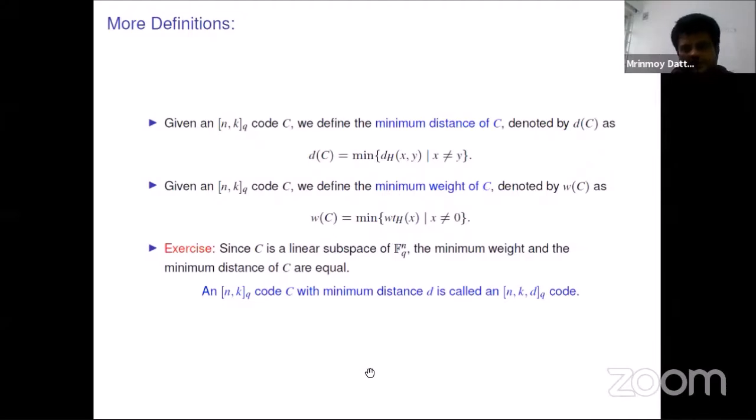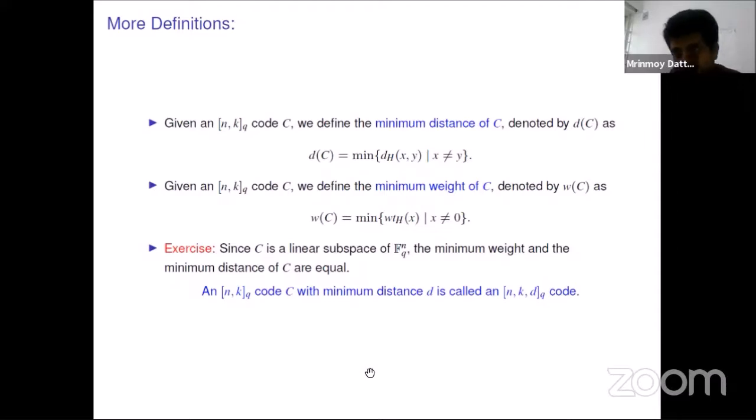Now we have also defined Hamming weight, so there should be something called the minimum weight of C as well. We simply define the minimum weight of C to be the minimum of the Hamming weight of all the non-zero code words contained in C. Now, using the property of C being a linear subspace of Fq to the power n, one could easily show that the minimum distance and the minimum weight of a code are actually the same.